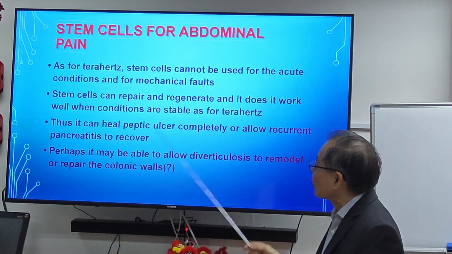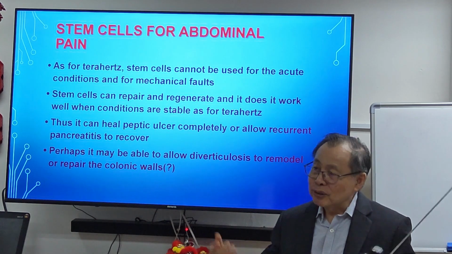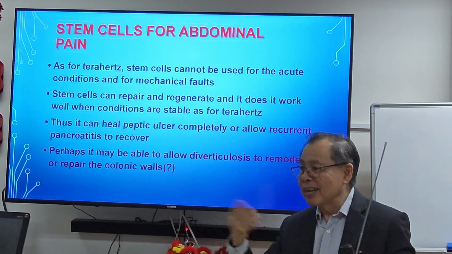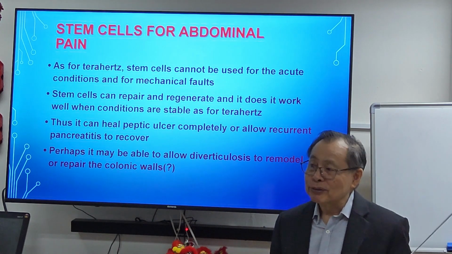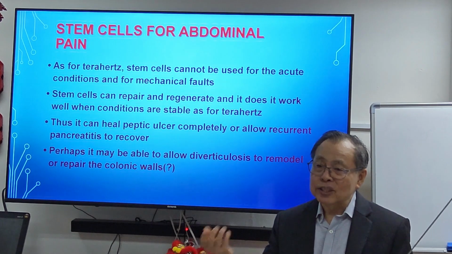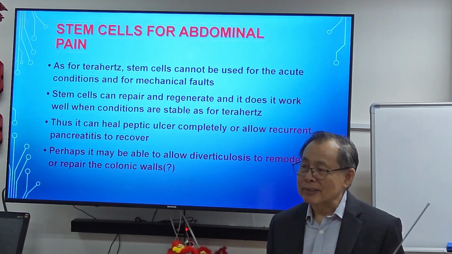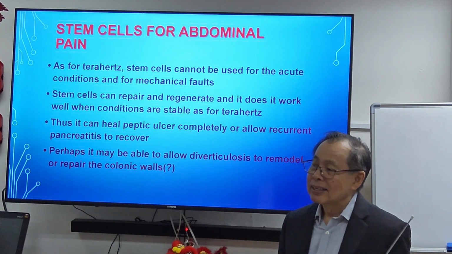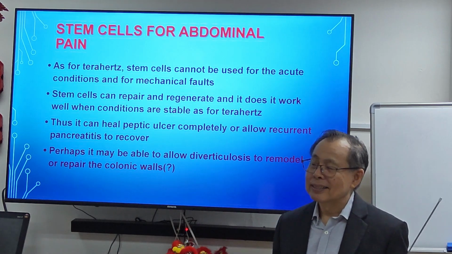So now you understand why a lot of the things to do with abdominal pain has to do with acute, very unstable conditions, especially food poisoning, and so forth. And unless it's chronic, as in peptic ulcer or chronic pancreatitis, really at the end of the day you need to handle it.